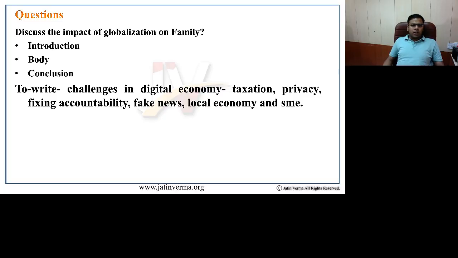Another impact of globalization is that I would like to mention a case study here. During the Chennai floods, there was a huge uproar about old family members being left behind by their wards who are living outside the country and earning somewhere else.